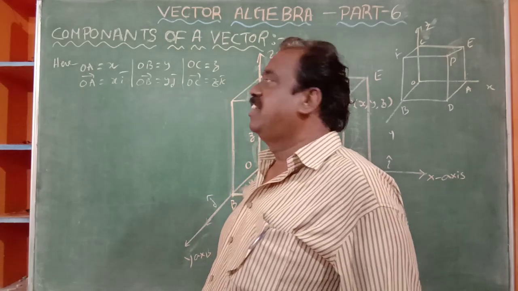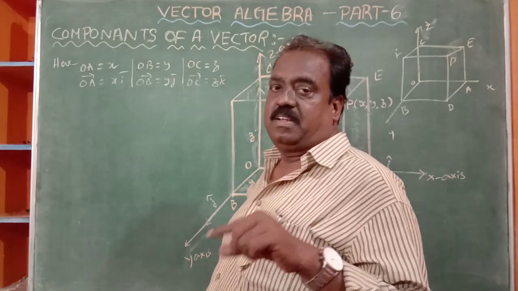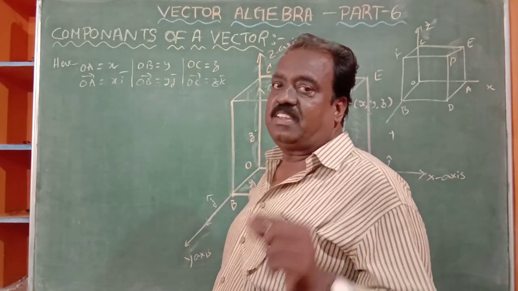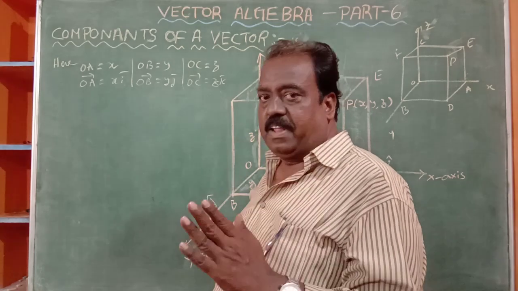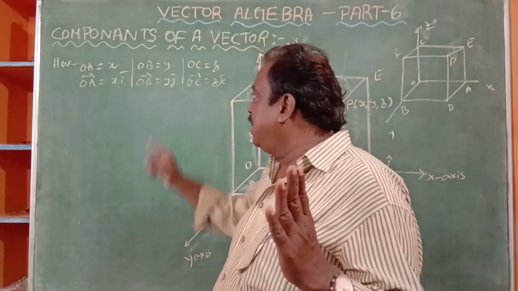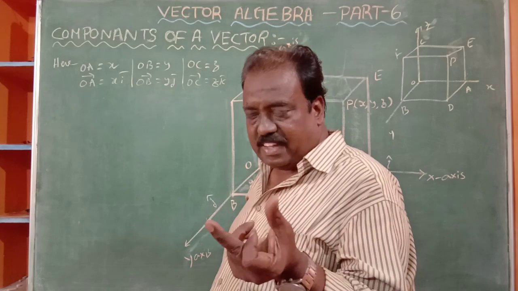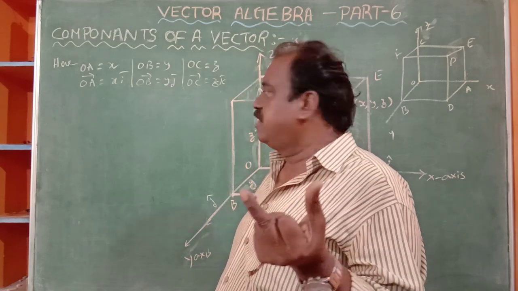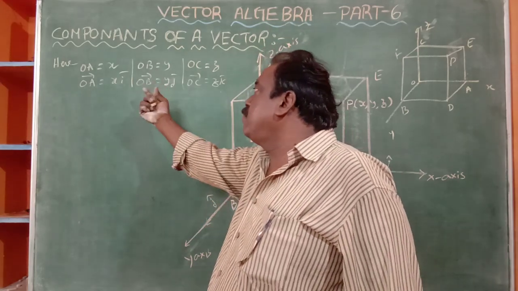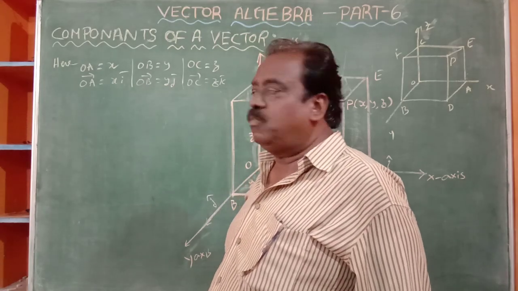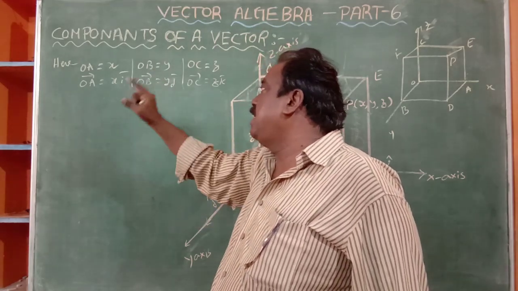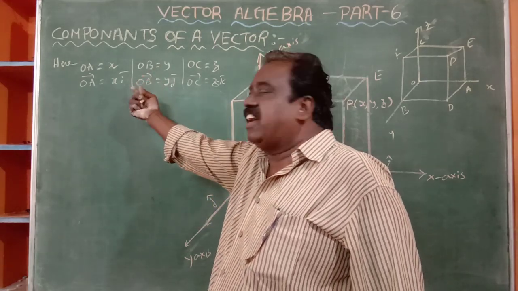Previously we discussed the multiplication of a vector with a scalar. Here x is a length. It is a constant. We are multiplying it with the direction, the unit vector i cap, which is our x-axis.